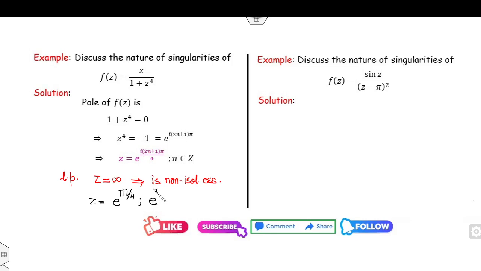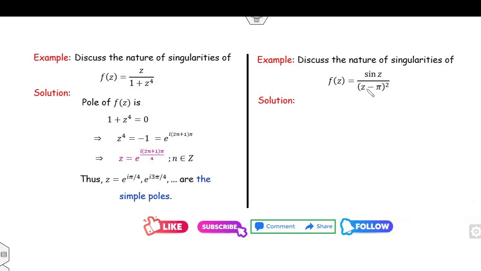If I substitute n equal to 1, then 3 pi iota by 4, n equal to 2, 5 pi iota by 4, and so on. All these are simple poles of the given function. Because they did not mention which point you are talking about, I can find all those points, infinity as well as simple poles.